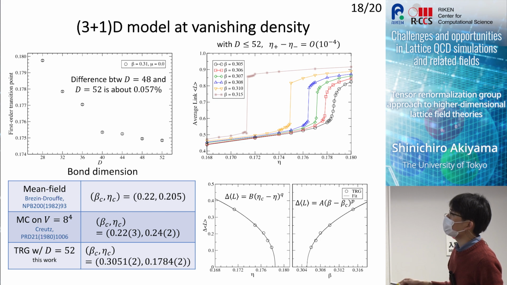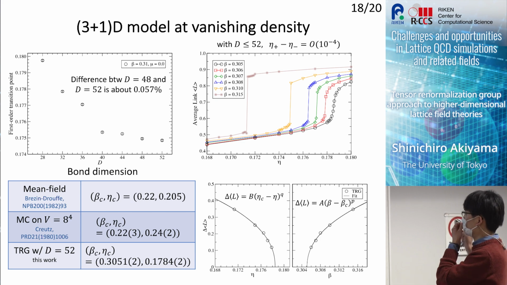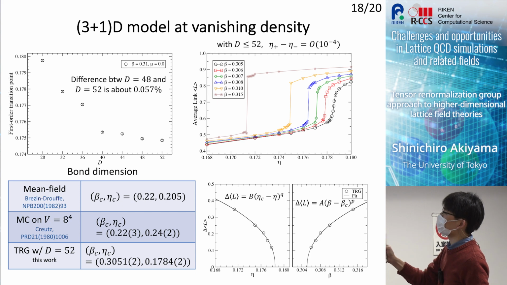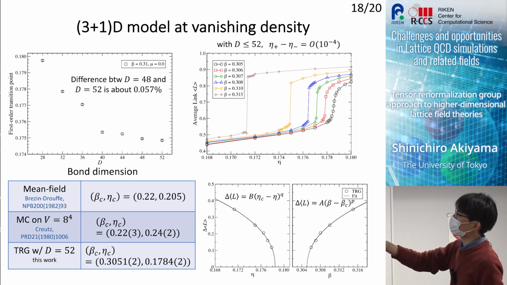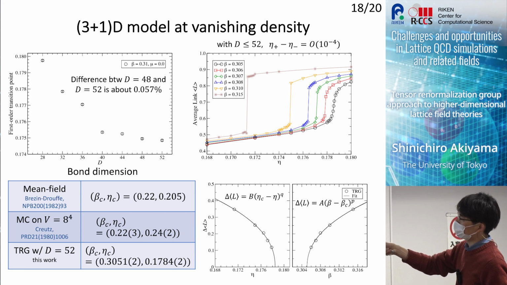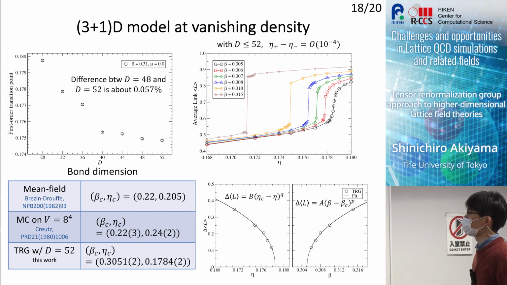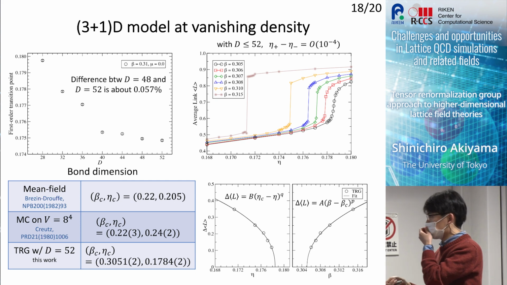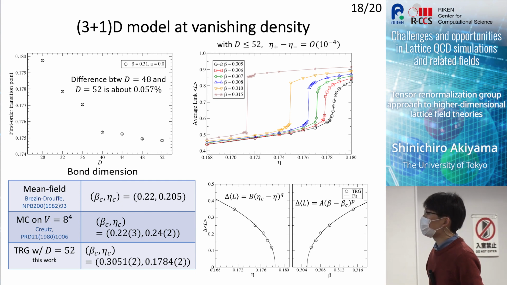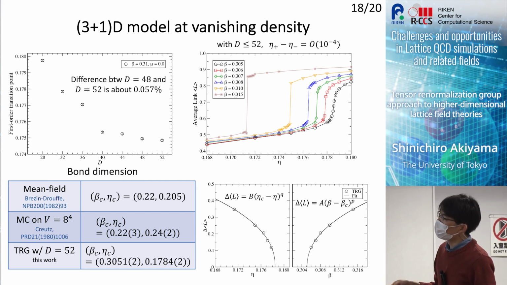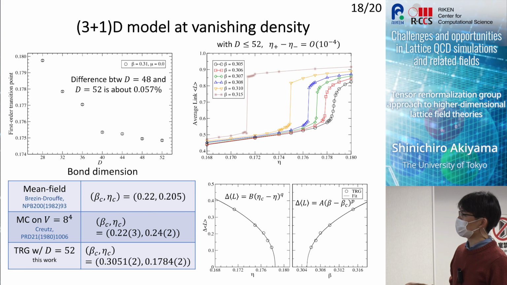And again, we see that by decreasing the inverse gauge coupling, the emerging gap in the average link shrinks, and finally it disappears. And by employing a similar type of fitting, we have obtained the critical endpoint by the TRG calculation with the bond dimension equal to 52, which is something like this.